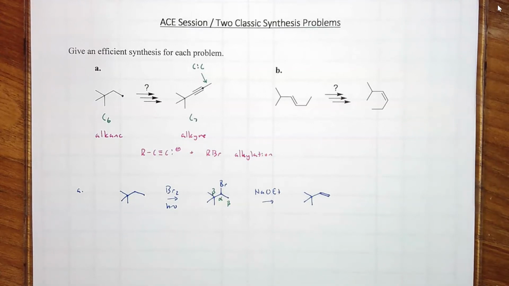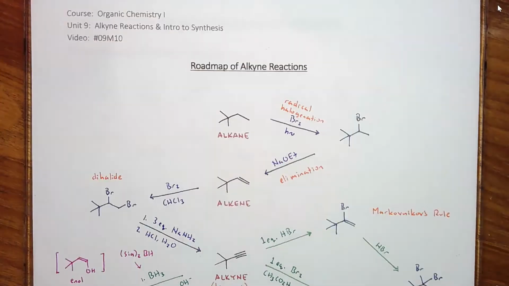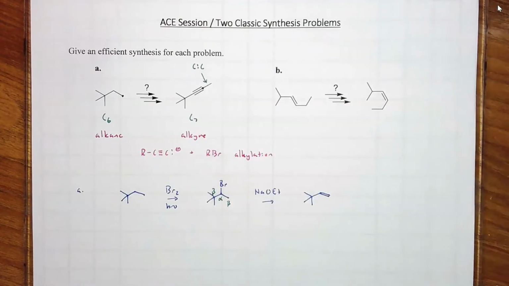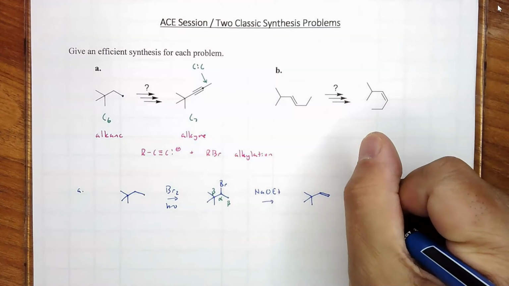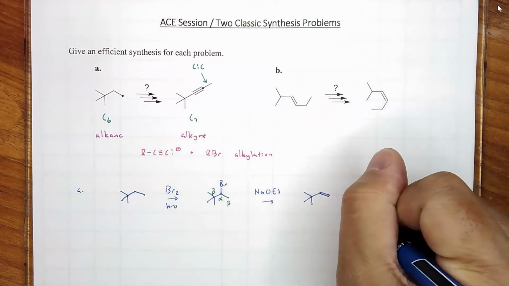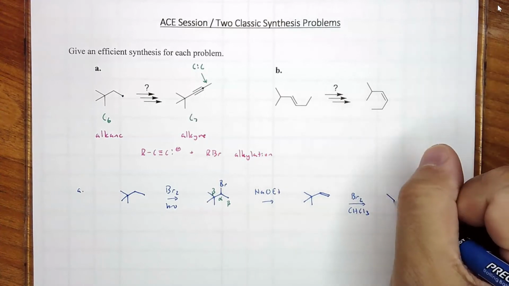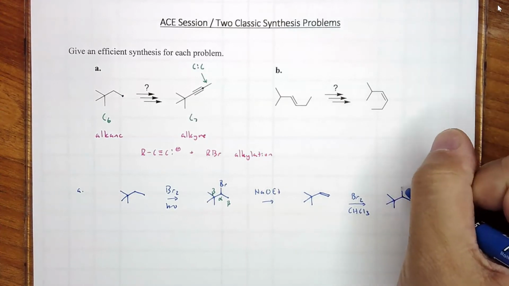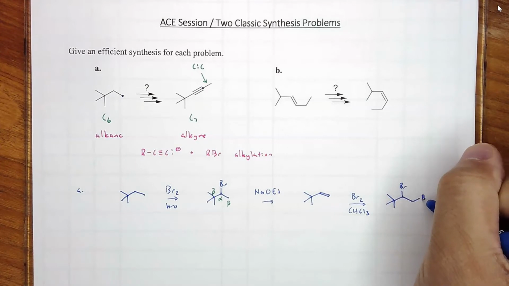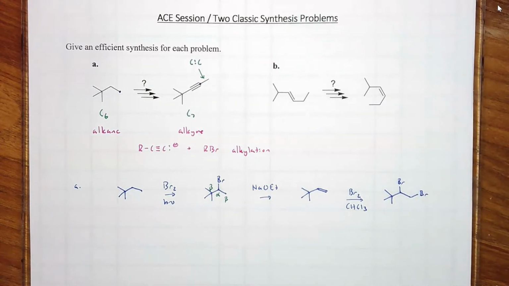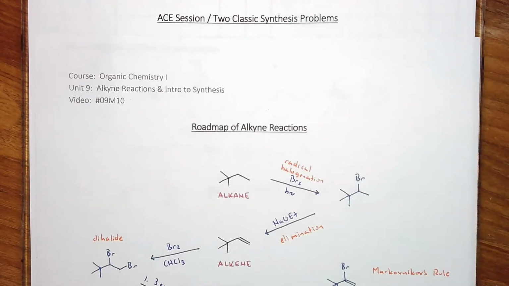Now there is no direct way to go to the alkyne from the alkene. We have to go through the dihalide, and that is first Br2, CHCl3 as the solvent, and I have this. Okay, now, so far, really all we've been doing is copying this roadmap.